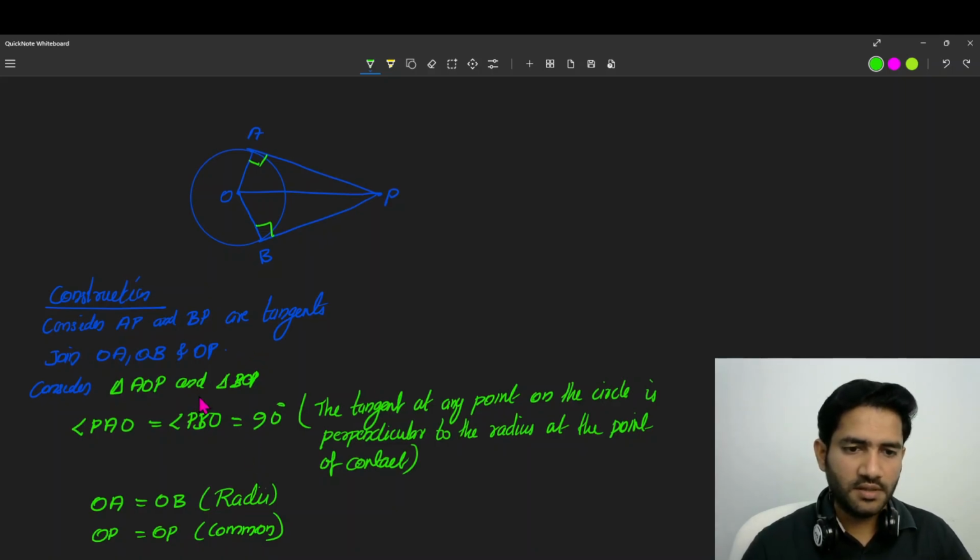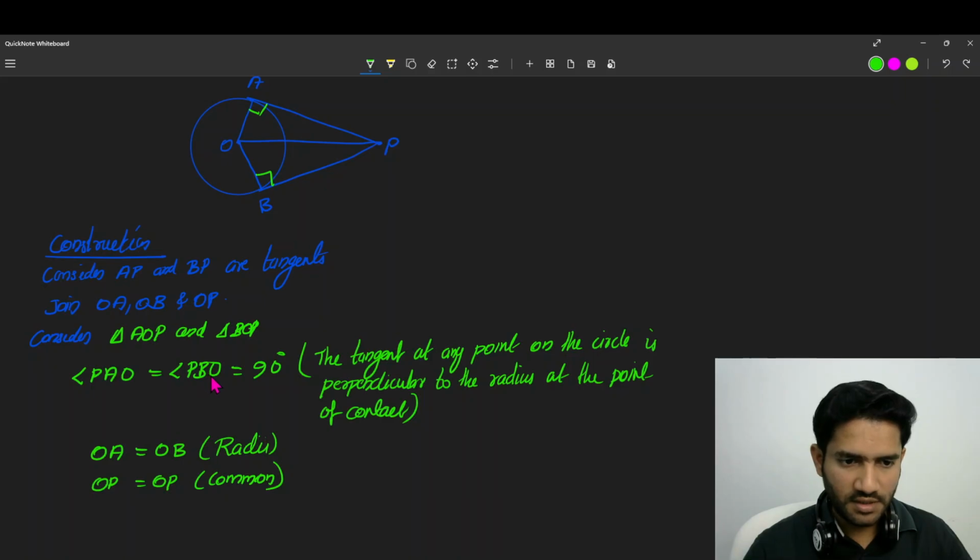Look at here, this is a right angle triangle, OA and OB are sides, and OP is the hypotenuse. So by RHS congruence, triangle AOP is congruent to triangle BOP.